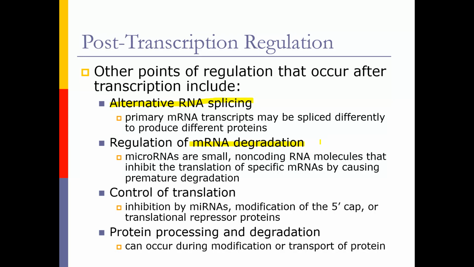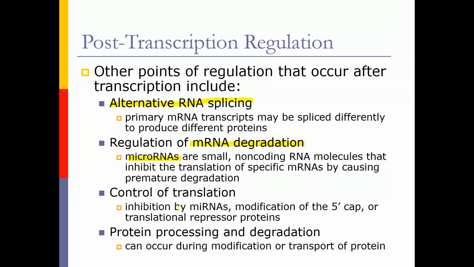One way that we can regulate protein production is by determining how long that mRNA stays around before it's degraded. There are little microRNAs. They actually inhibit the translation of RNAs by causing them to become degraded. So these microRNAs could actually prevent translation and therefore prevent protein production.